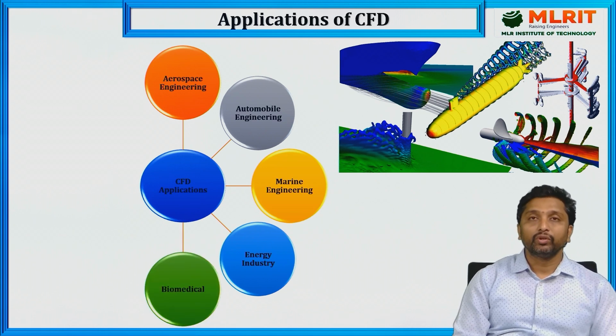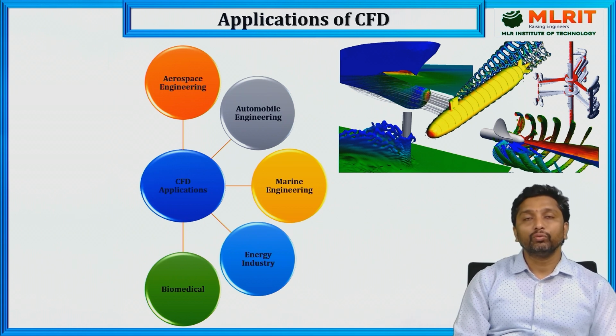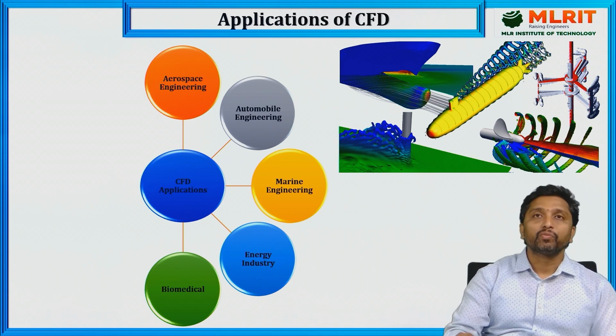We can study the flow behavior, especially the blood flow, or we can study the flow of fluid inside the muscles and other tissues inside the body using CFD. For understanding the flow behavior of blood, we use non-Newtonian models in CFD. So that is another example.